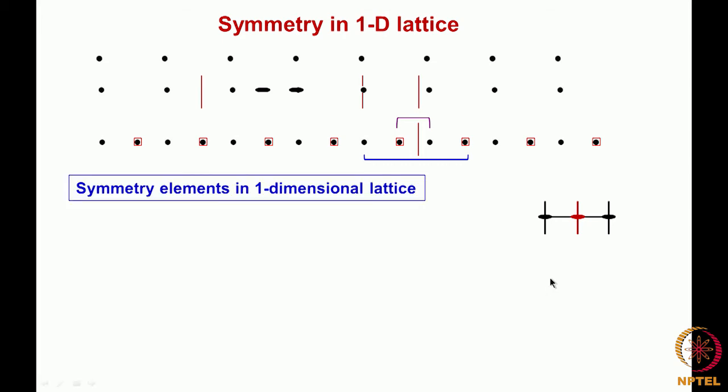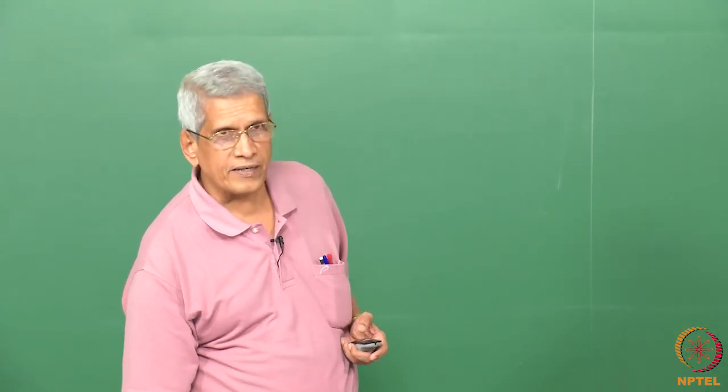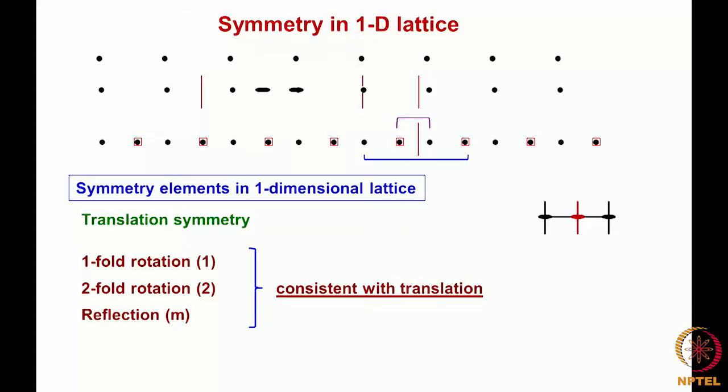What are the symmetry elements even in this 1 dimension? Now we have seen in the lattice there is a translational symmetry, there is a one-fold rotation, there is a two-fold rotation, then we have a reflection. And this rotational symmetry and reflection symmetry are consistent with the translation, because only then the invariance will come, correct?